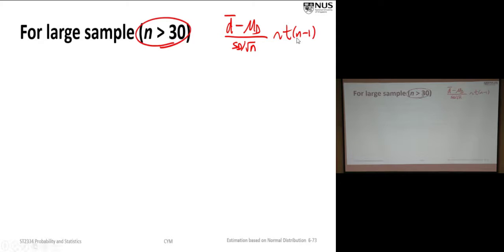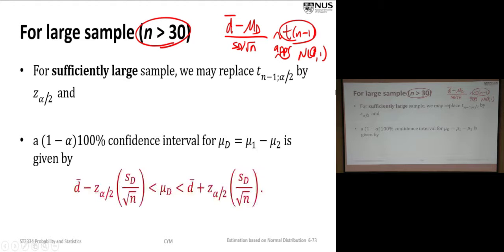But now with n big, I can consider this approximately follows a standard normal, 0, 1. All right? So now I can replace this t by z. So instead of t alpha over 2, n minus 1, I now replace it by a critical value taken from a standard normal distribution.